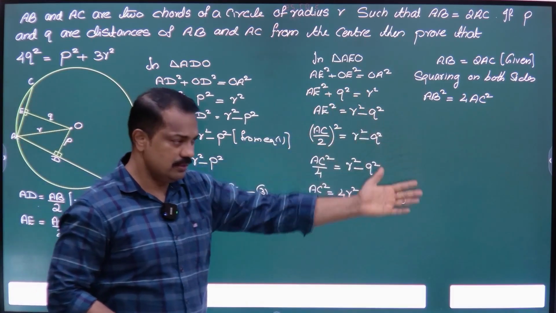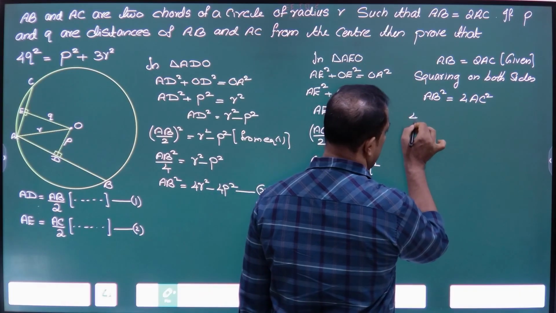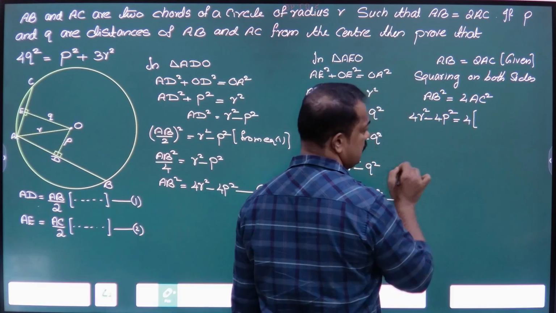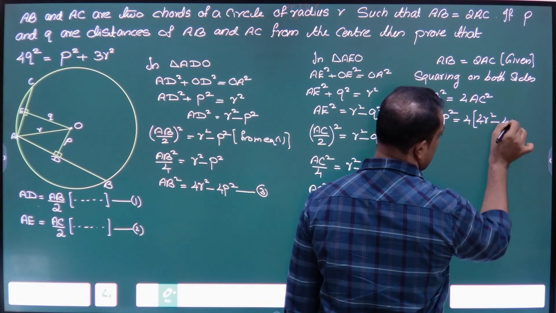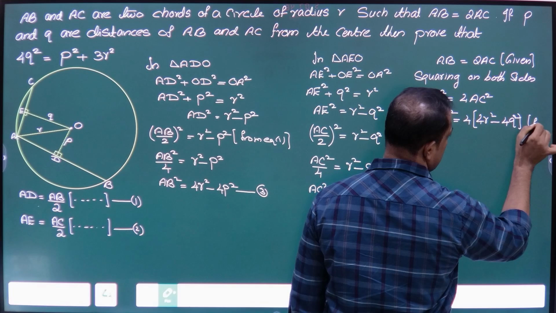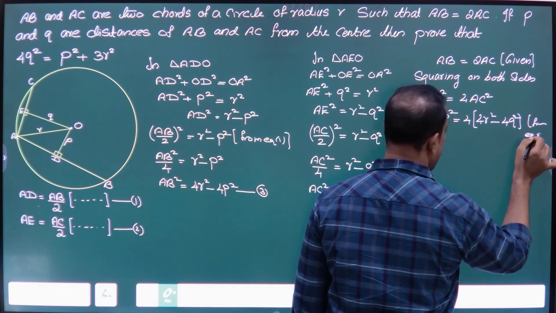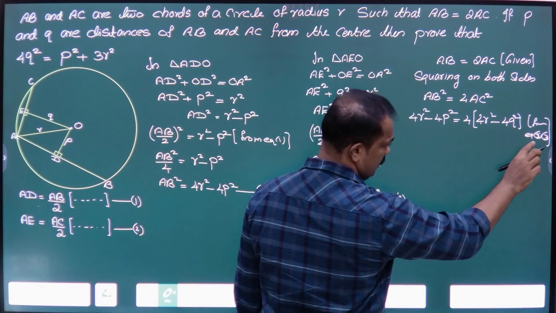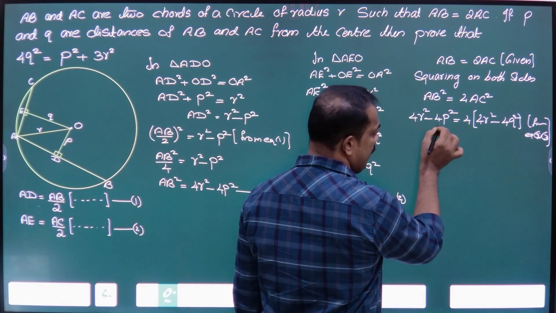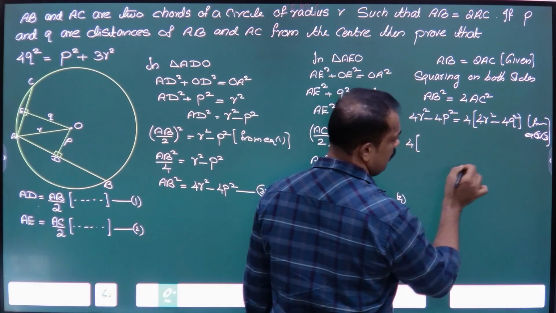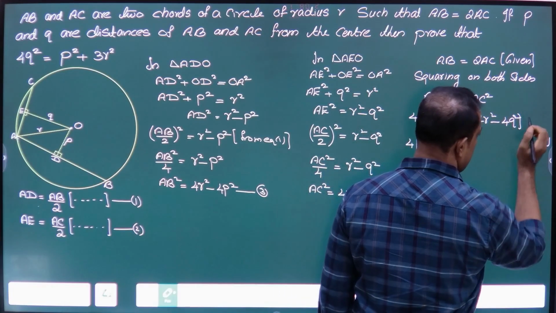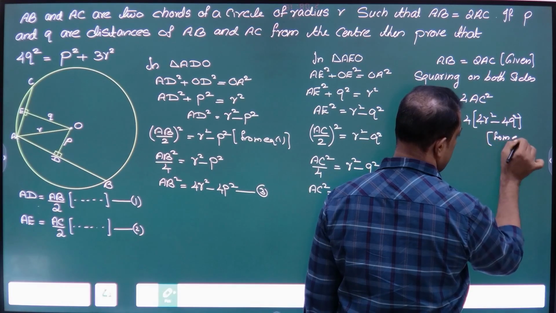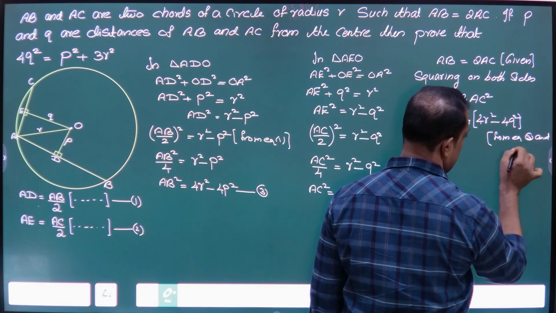You have to substitute this value here. What is the value of AB square? 4R square minus 4P square equals 4 bracket 4R square minus 4Q square, from equation 3 and 4.